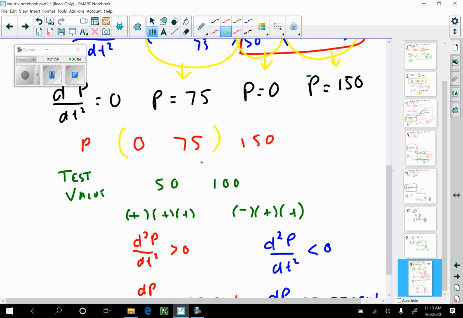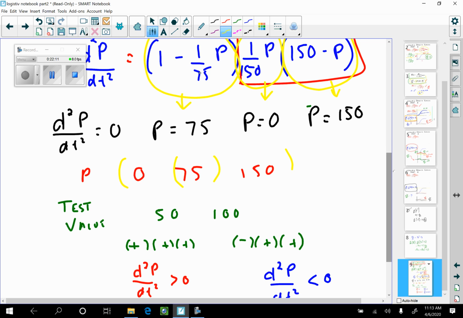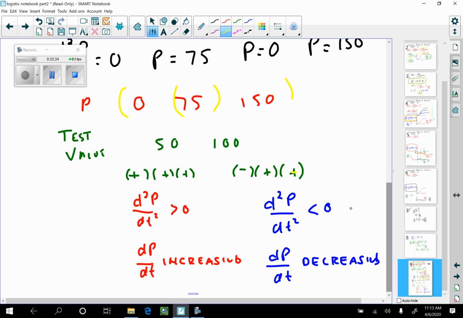If I take a test value between 75 and 150, use 100, then if I put 100 in this guy right here, the first factor is going to be negative. That factor is going to be positive. This factor is going to be positive. Looking at this factored form of the second derivative, that's going to tell me that the second derivative is less than 0.